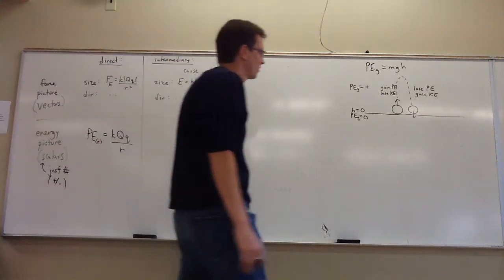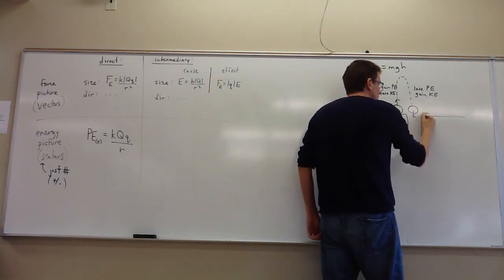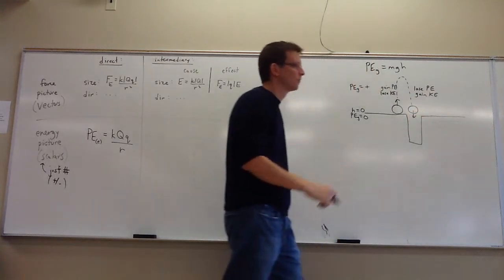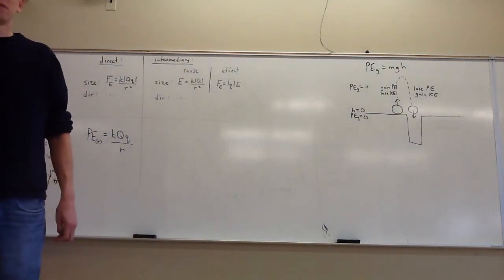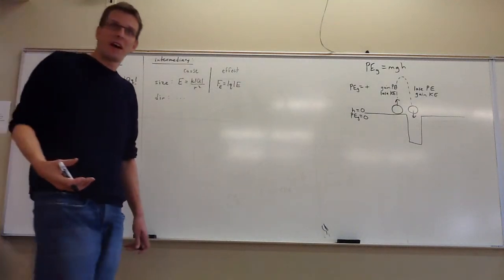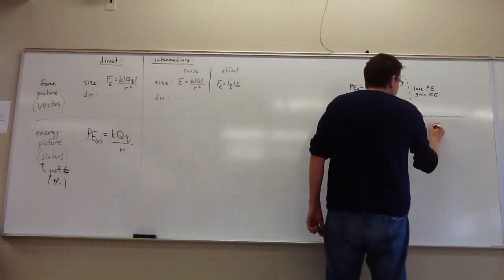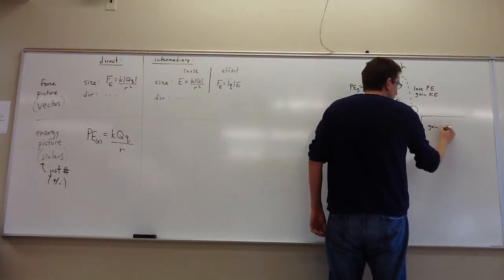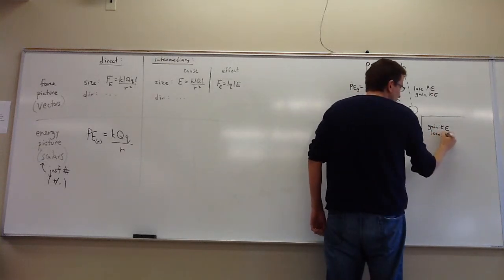Now let me ask you this. What if you didn't know until you'd already set up your problem that there's a hole here? Is it going to continue to go faster as it falls in the hole? Yeah. You're going to continue to gain kinetic energy, which means you have to get it from somewhere, so you have to lose potential energy.